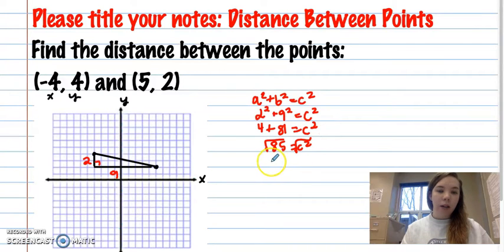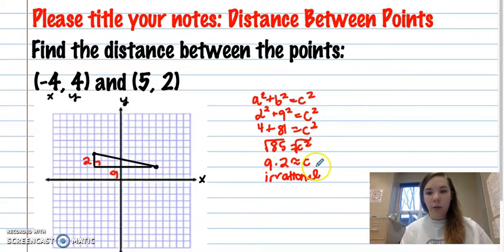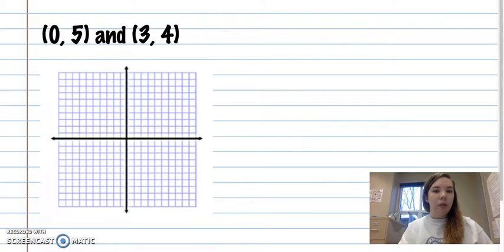Okay, so we'll round that to 9.2. And it was an irrational number. This 9.2 is a decimal that goes on forever. So the distance between these 2 points is roughly 9.2. That is rounded.